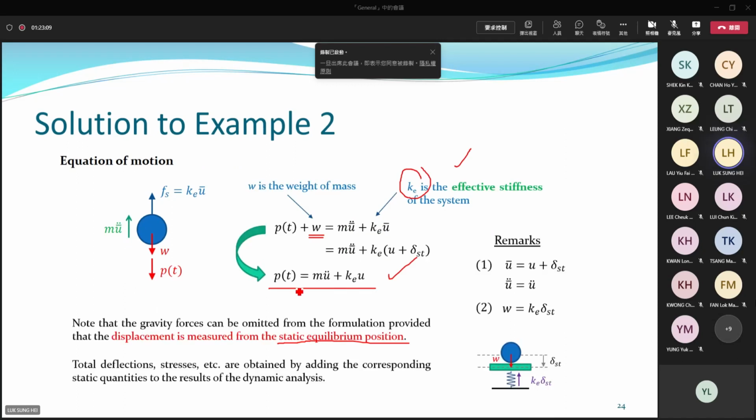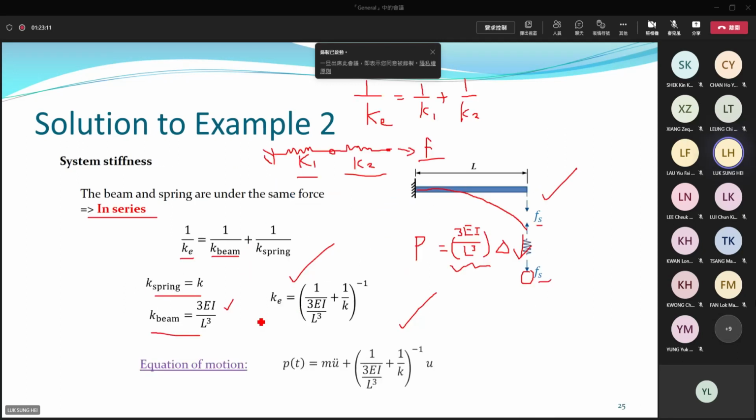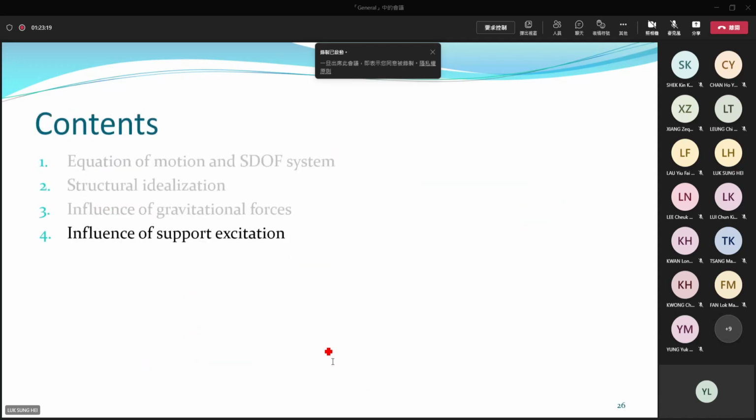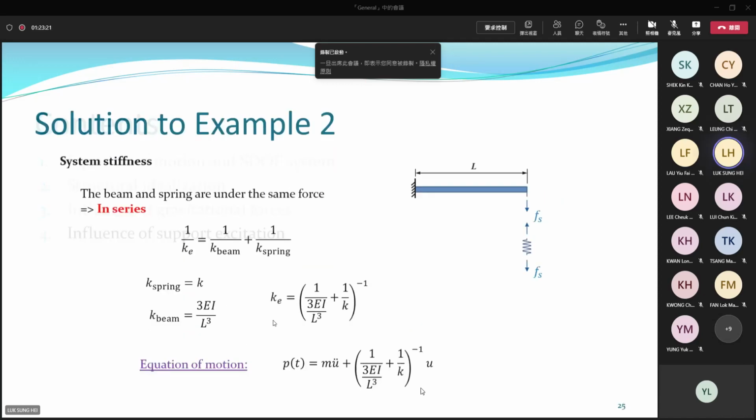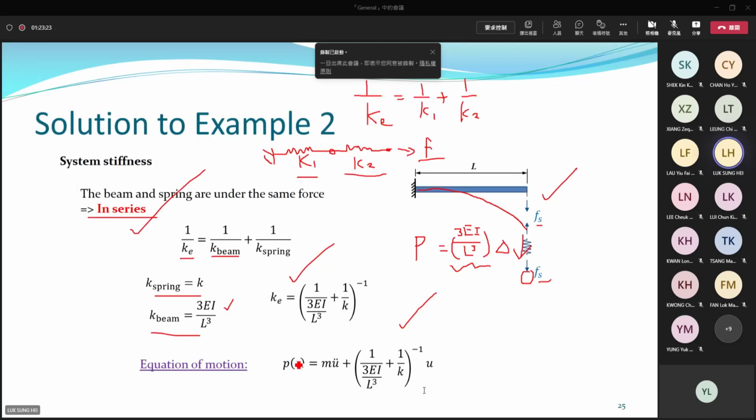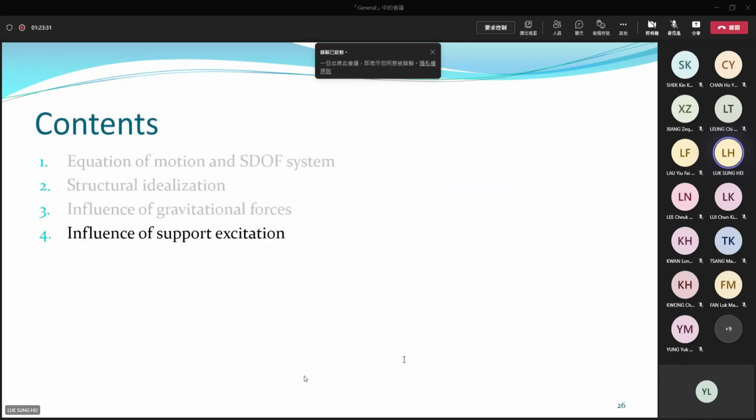For series, you can use the formula right here to find the equivalent stiffness. Parallel, series. This chapter also focuses on formulation, not solving the problem. We will learn how to solve this kind of equation in the next chapters, topic 5 and topic 6.